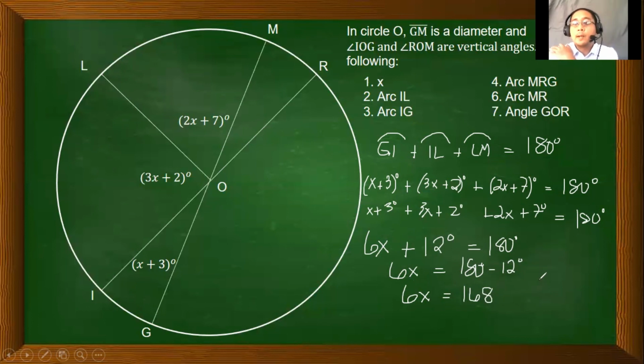Then we will divide both sides by 6 to eliminate the 6, so that we can solve directly for the value of x. If you divide that, it results in 28.